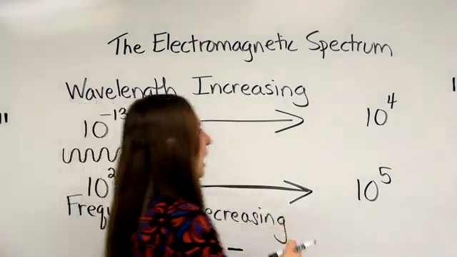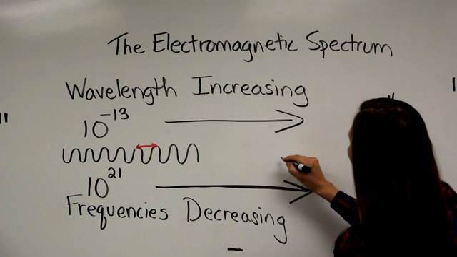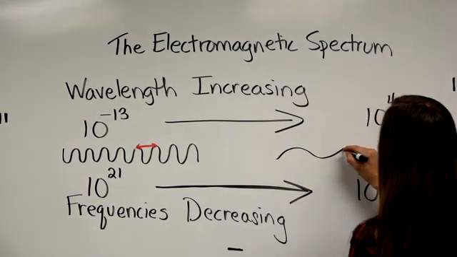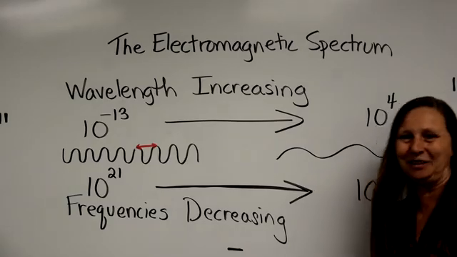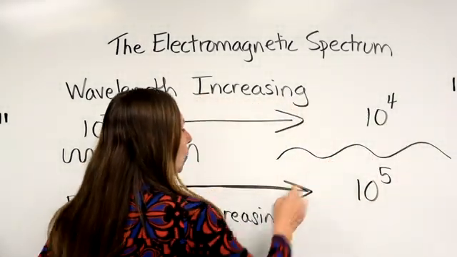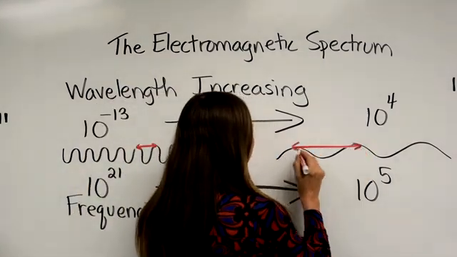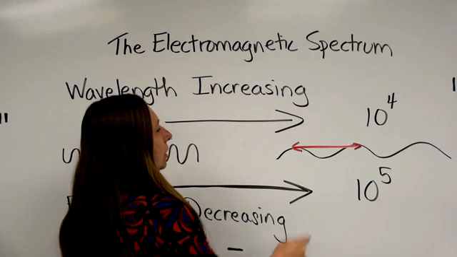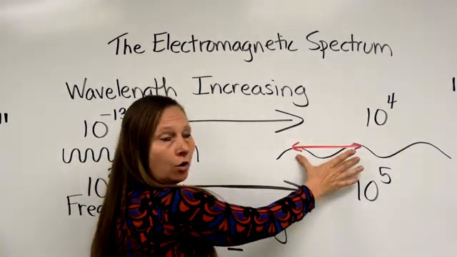Now over on this side, we're going to draw a big wavelength. This is not supposed to be to scale by any means. From crest to crest is very long, so the wavelength is large.